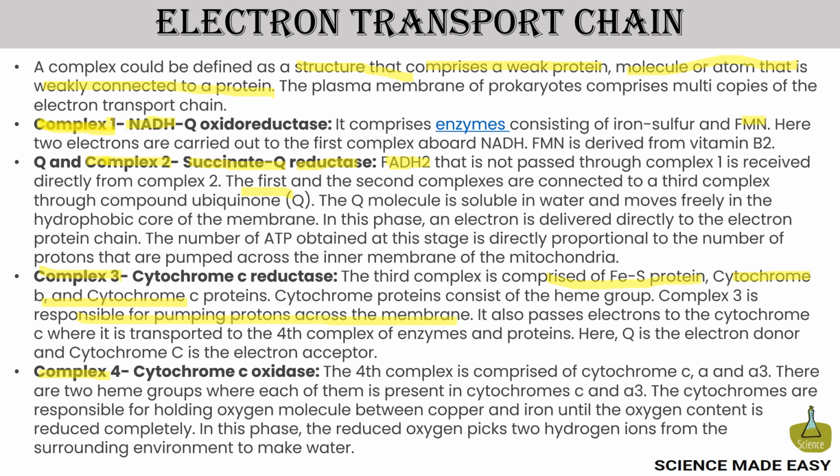Now comes complex 4, which is also known as cytochrome oxidase. It is comprised of cytochrome C, A, and A3, and there are two heme groups, one present in each of cytochrome A and A3. It is responsible for holding the oxygen molecule between copper and iron until the oxygen is reduced completely.